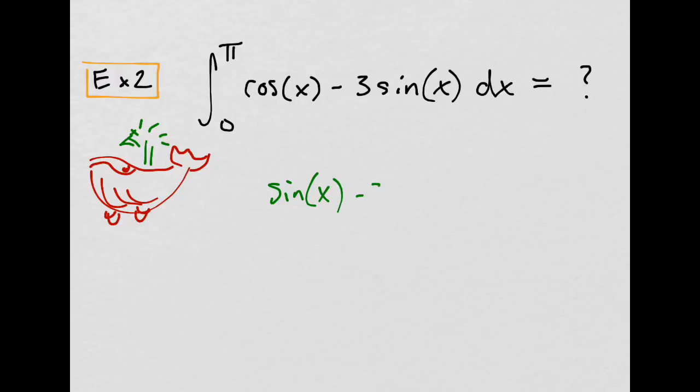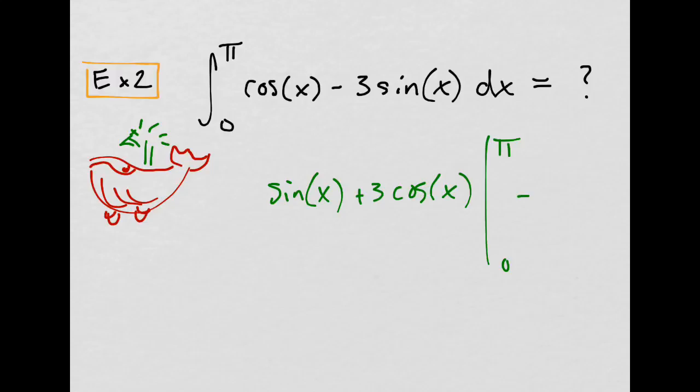And then the minus 3: the derivative of cosine equals negative sine, so I have to say this is plus cosine x, because if I take the derivative of cosine, I get the negative. So there we go, evaluated from 0 to pi.